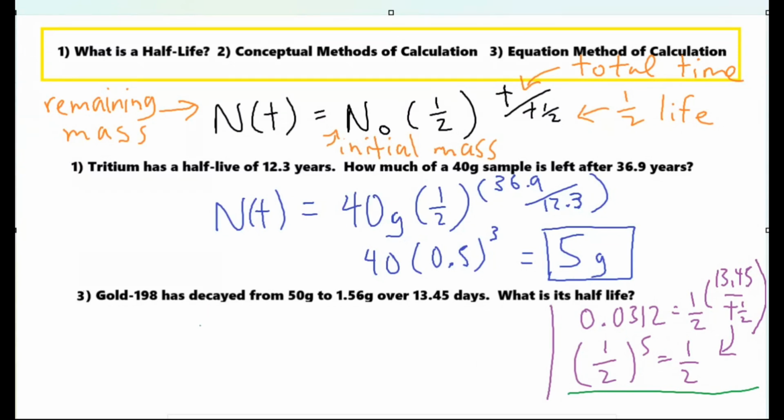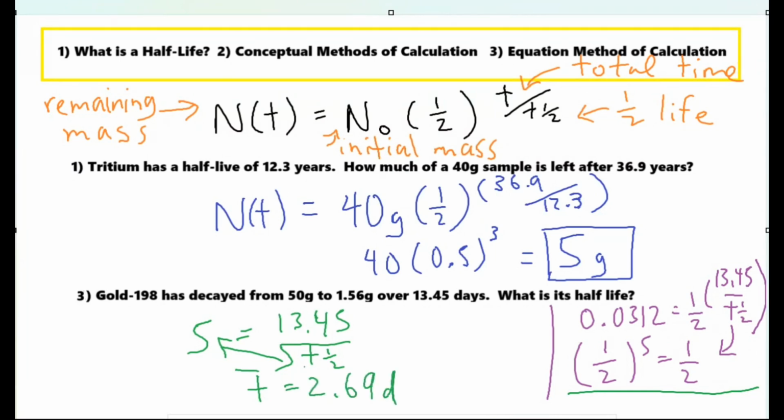The first one is 1/2 to the 5th power. The other one is 1/2 to the 13.45 over the half-life. So those exponents would be equal to each other. So now we set them equal to each other. We can do an easy little cross multiply, and then your answer is basically 13.45 divided by 5. And then you would get t equals 2.69 days, as we did before.